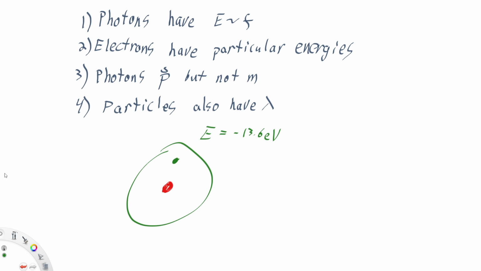If the electron gets excited via electrical stimulation or thermal stimulation or whatnot, it can jump up an energy level, but it can't jump to any energy level. It can only jump to, I think, this is now negative 9.8 electron volts. I might have to look up that number.